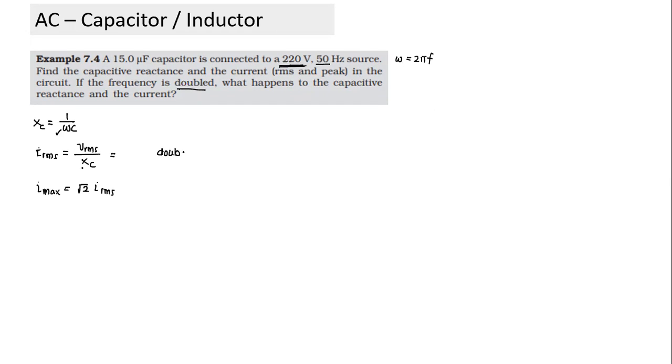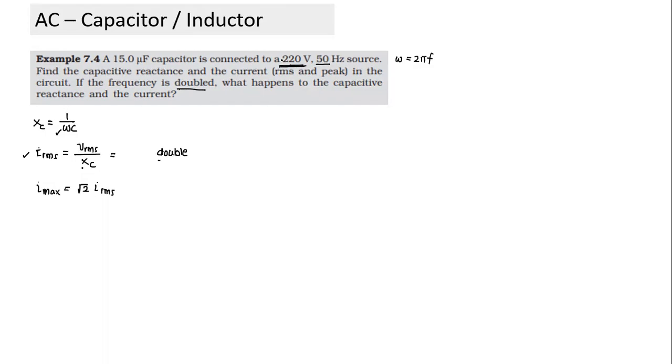So what we understand in this case, even keeping the voltage same, if I keep increasing the frequency, the current will keep increasing. If I double the frequency, current will become double. If I make the frequency 4 times more, the current also will become 4 times more. Okay. So keeping VRMS same, we can vary XC.